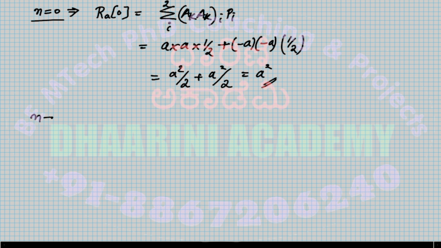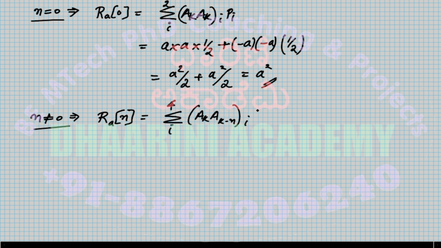That is when n is not equal to 0. This means I'm trying to calculate once again the autocorrelation, and I'll write RA of n. In this case, just now I calculated this, I takes values from 1 to 4. So this is the same thing, AK, but I need to write AK minus n now, into PI. So let us write the terms one by one.